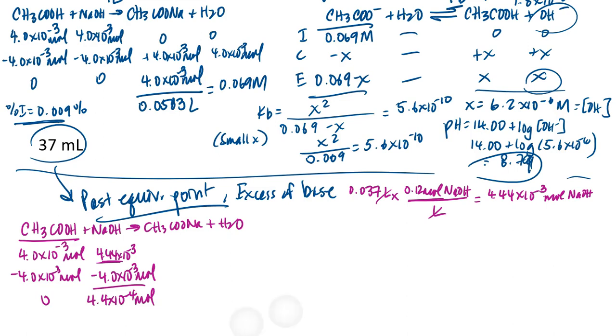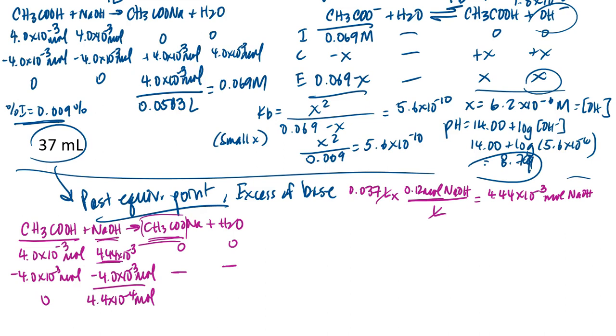Now, as we discussed in class today, initially I don't have any of the sodium acetate or the water. Technically I do form some of the sodium acetate, however, because the sodium hydroxide is a strong base and it dissociates completely, while the acetate ion is actually a much weaker conjugate base of the acetic acid, the amount of hydroxide ion that we would get from the acetate would actually be negligible compared to the amount of hydroxide that we get from the sodium hydroxide.